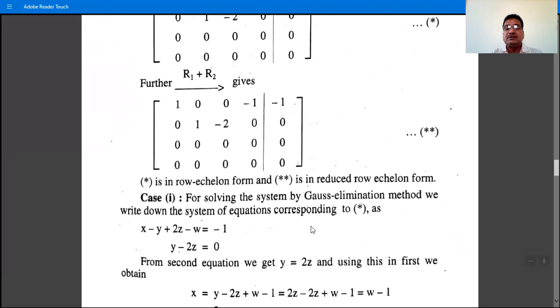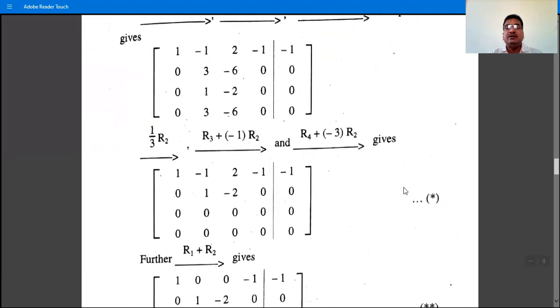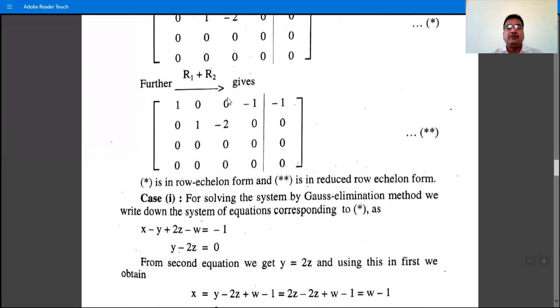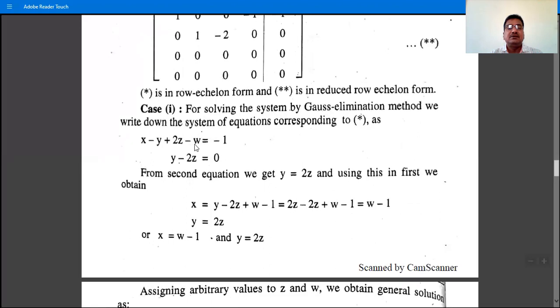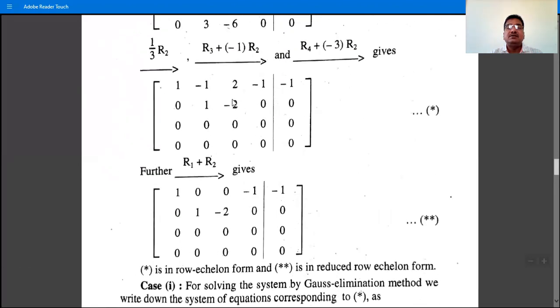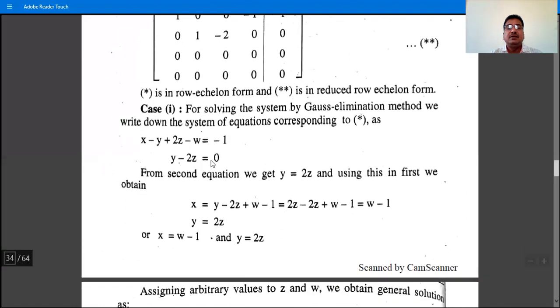If you have to solve the system by Gauss elimination method, then use this echelon form and rewrite the equations. So we have 2 equations: x minus y plus 2z minus w is equal to minus 1, and y minus 2z is equal to 0. So we have 2 equations and 4 unknowns.